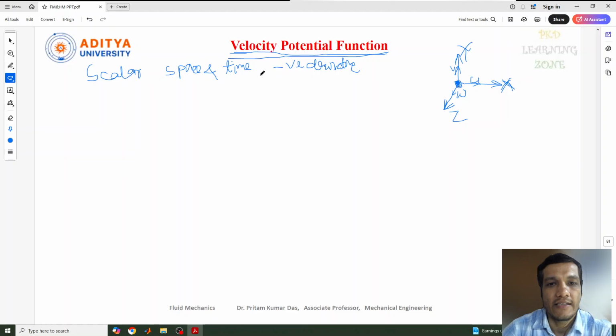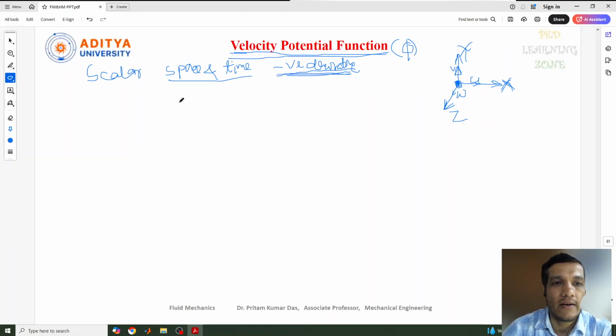That means if you consider the velocity potential function, with respect to space and time, its negative derivative with respect to any direction, whether the x, y or z direction, gives the fluid velocity in that particular direction. We need to consider the negative derivative. And this velocity potential function is indicated by phi.